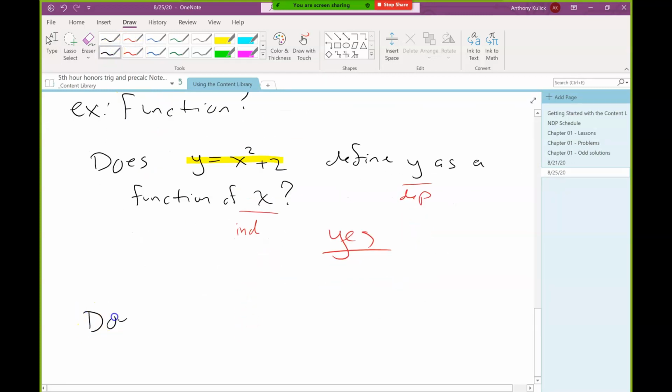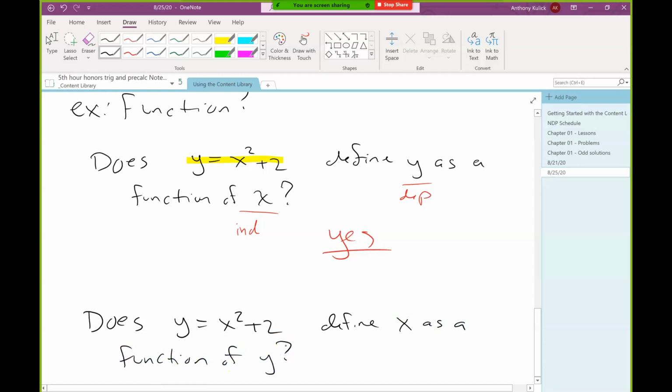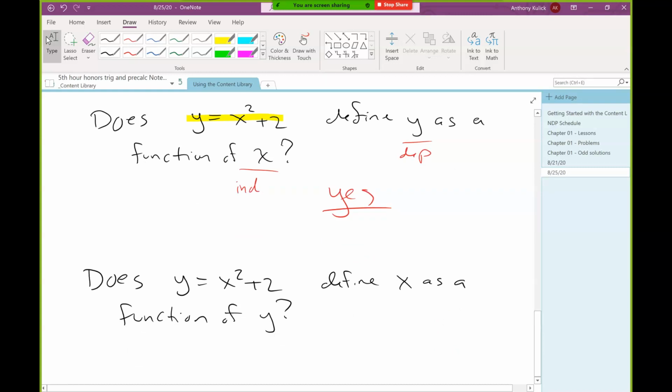What if we reverse this, though? What if we define this as x as a function of y? No, right?